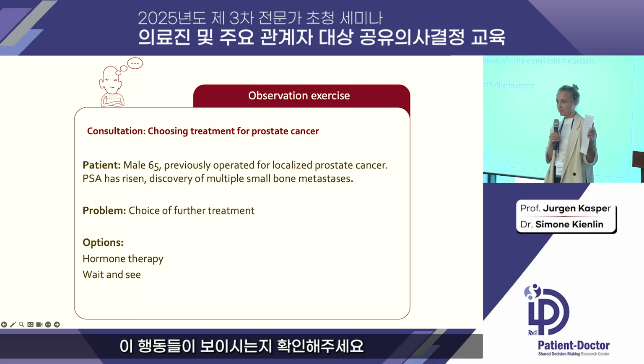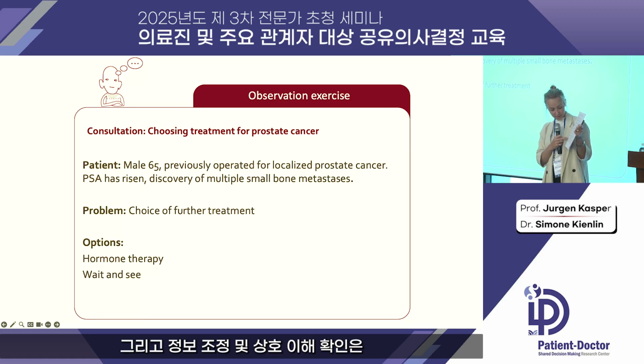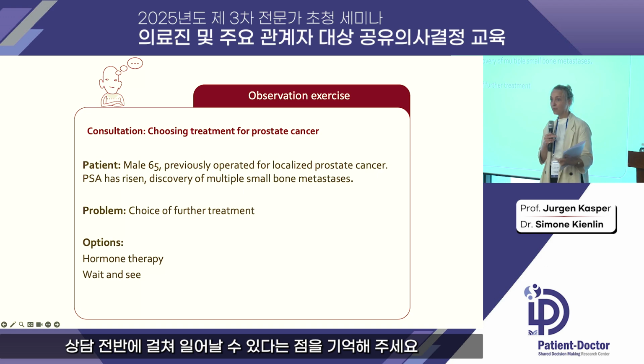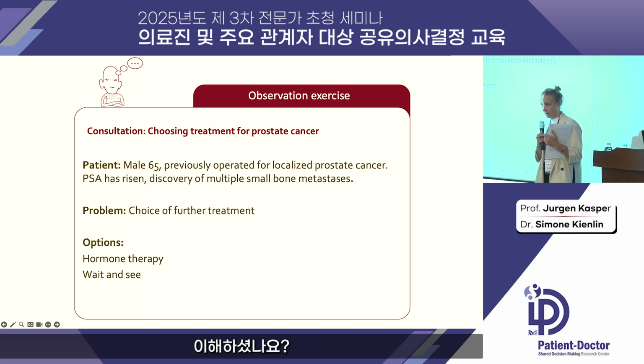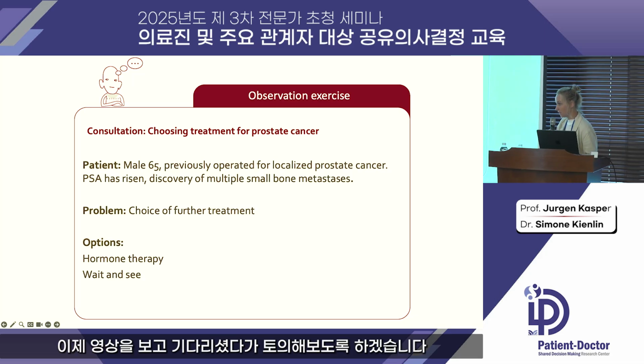Do you see this type of behavior happening? Remember that the six steps are chronological. They should happen in this way. And in the end, tailoring the communication approach and checking mutual understanding could happen during the whole consultation. Okay? Is it clear? Very good. Then we watch the video, and then you will have some time to do the assessment, and then we will have a discussion.